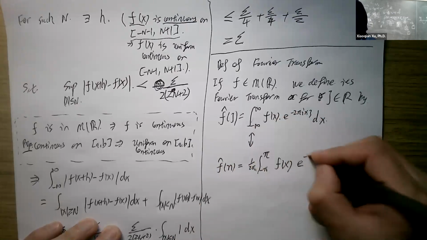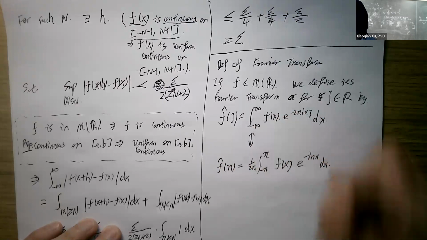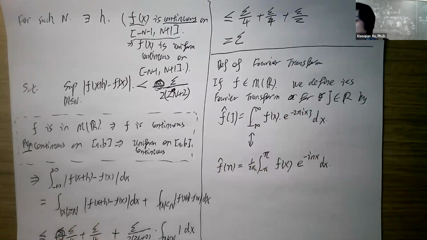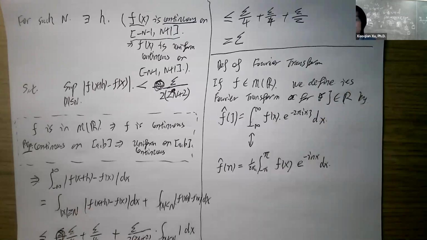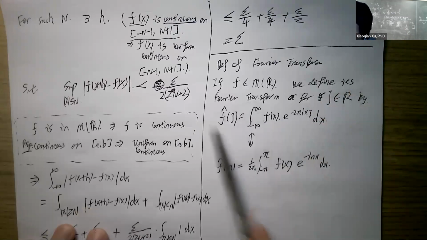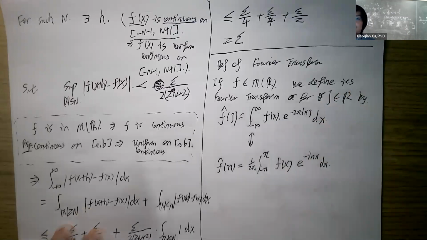It's e to the minus i n x dx. But these functions are also different. This function must be periodic of period, say, 2 pi. But this function is just something very nice, but decreasing, so that it's valid.